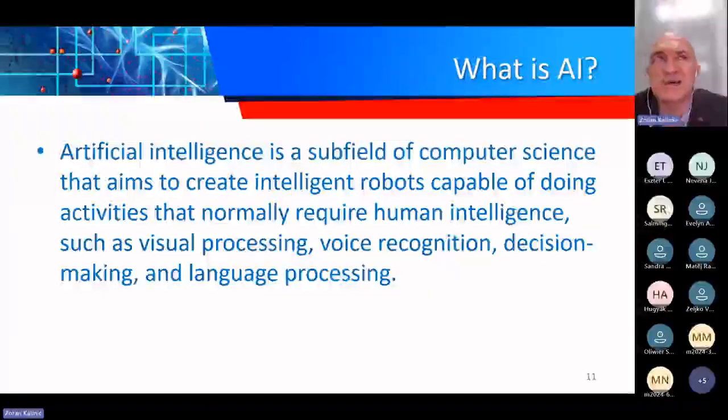So they should resemble human intelligence for many activities that we as humans are doing, like processing of visual elements like photos or videos, or understanding others talking, or even making some decisions based on the relevant data or on information that we have.